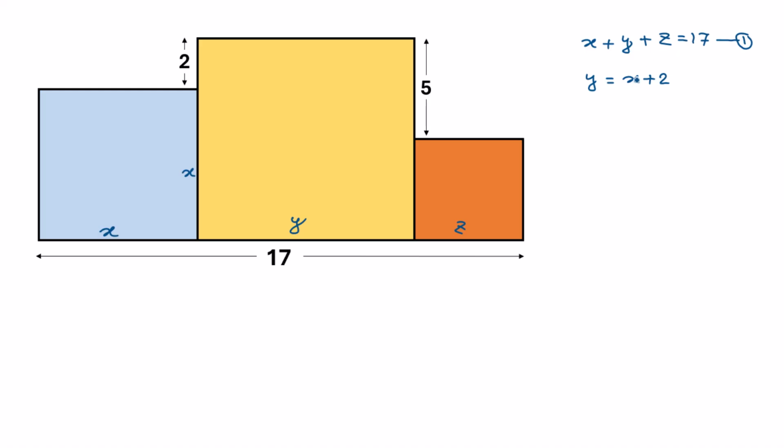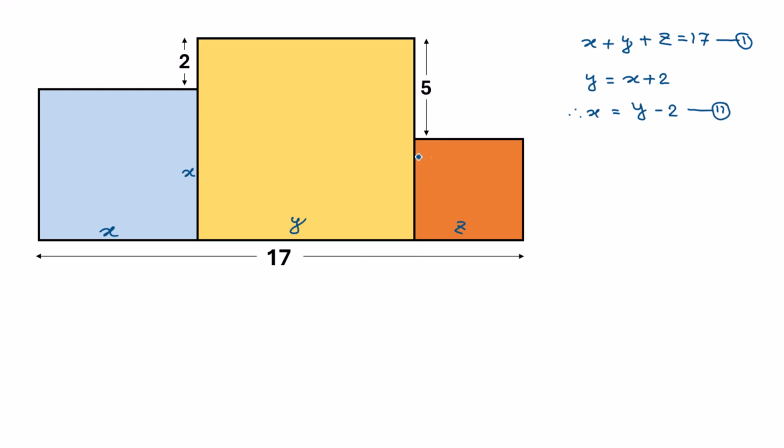So from this equation, taking this 2 to the left side, we will get the value of x is equal to y minus 2. Consider this as equation number 2.